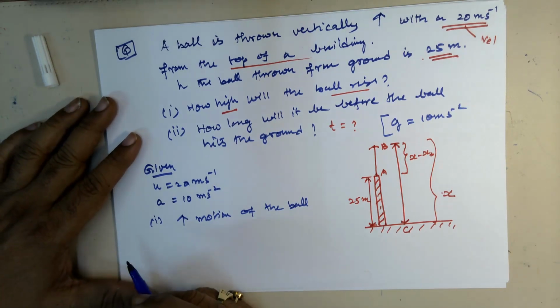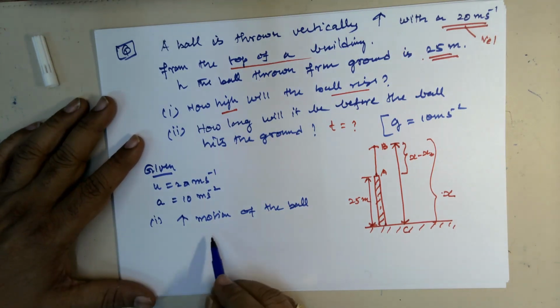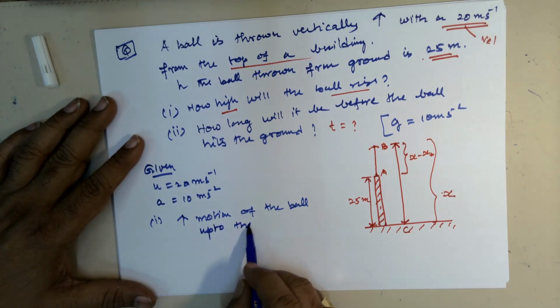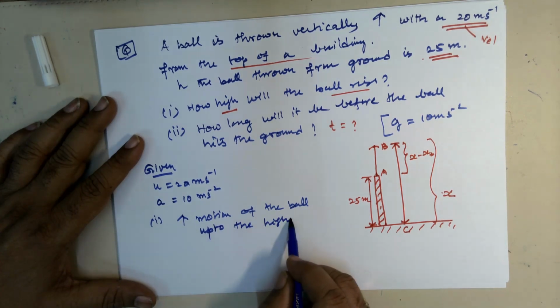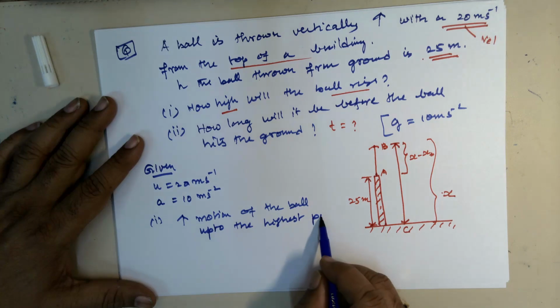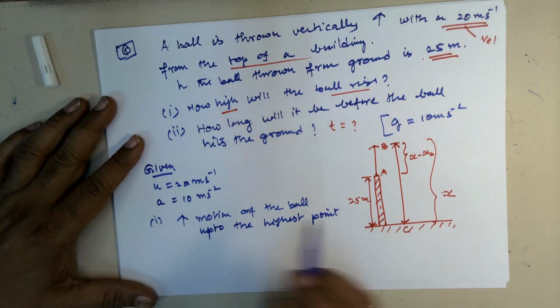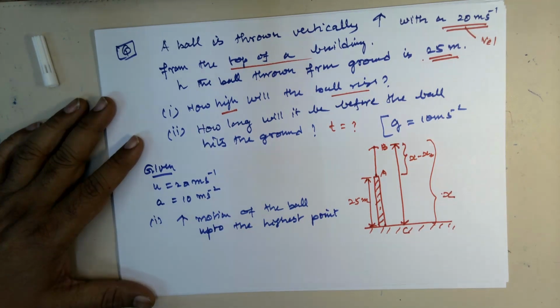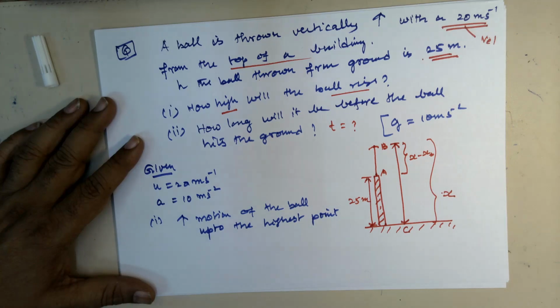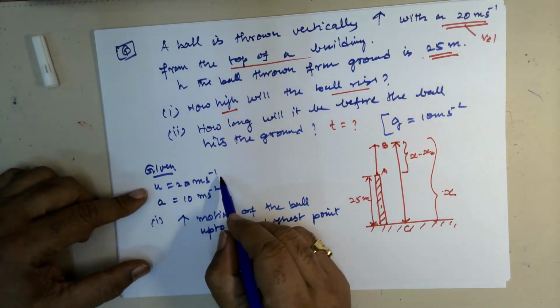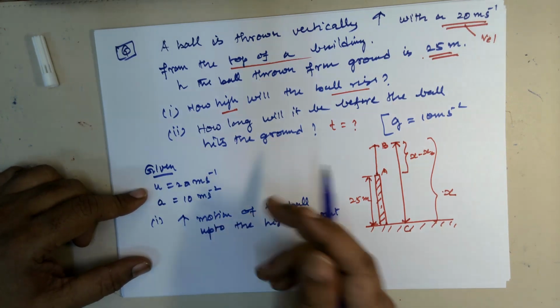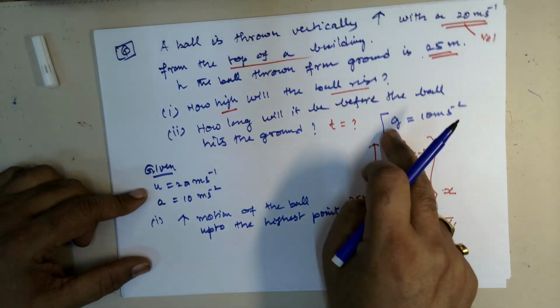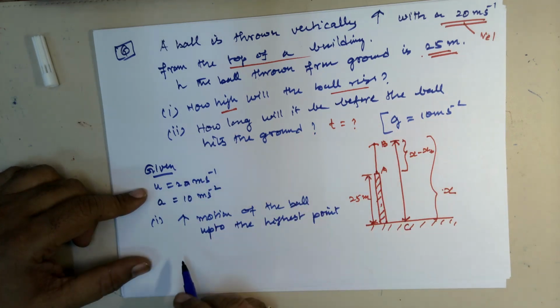Okay. So up to the highest point, right? Up to the highest point. Now it is u is equal to 20 meter per second. When the ball reaches the highest point, it means the final velocity will be zero.